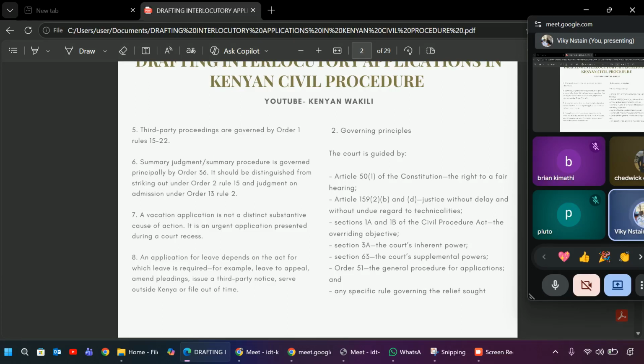And then chamber summons and notice of motion applications. What are the governing principles that we should expect?